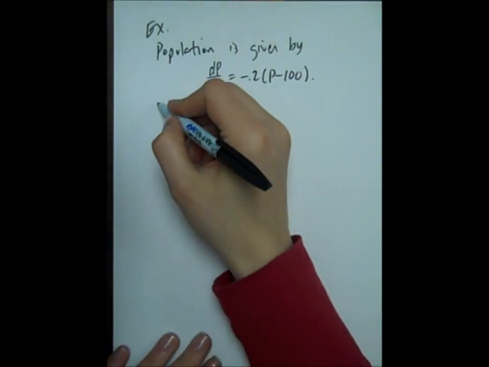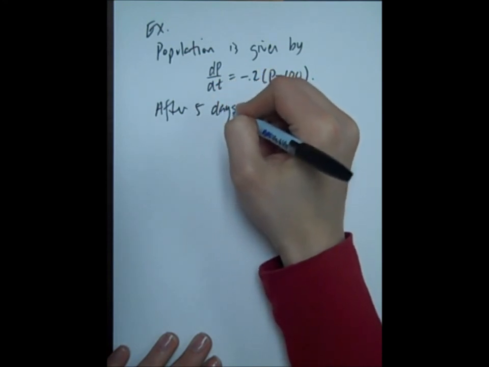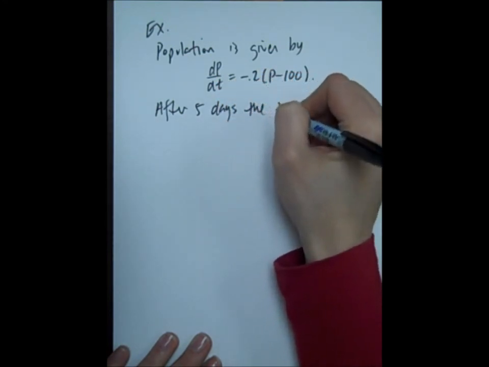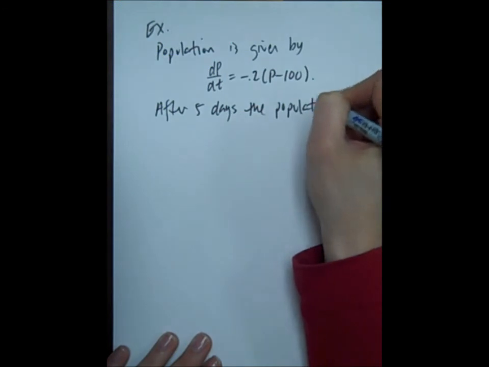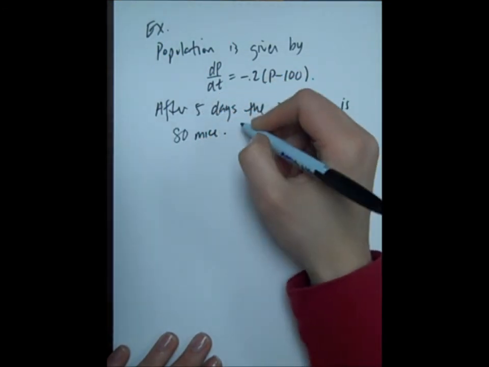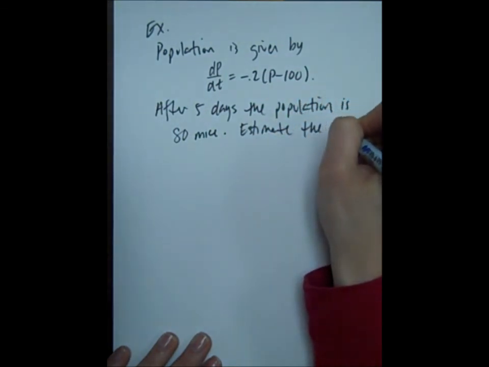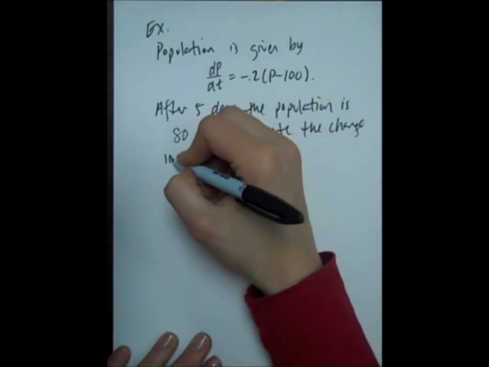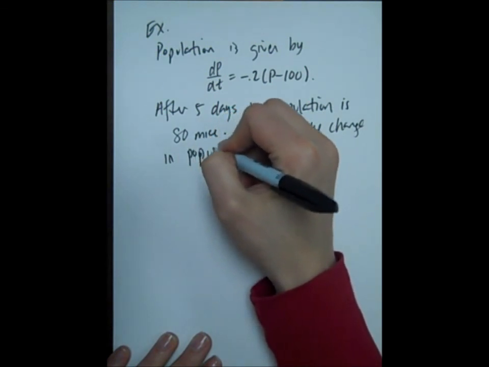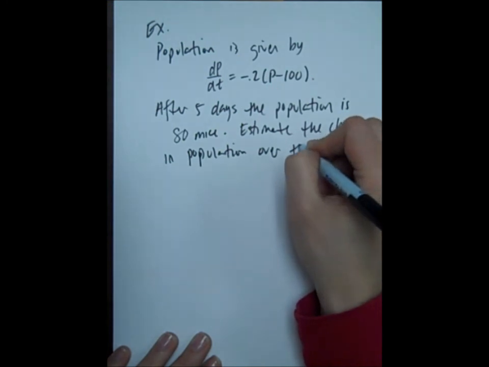Okay. After 5 days, the population is 80 mice. I want to estimate the change in the population over the next 2 days.